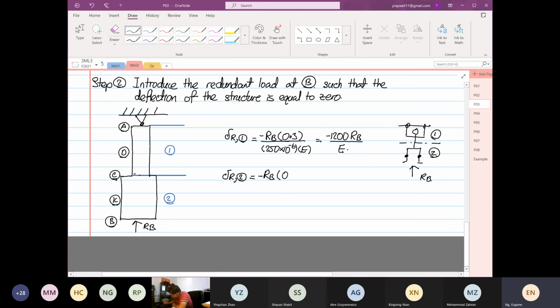The length is 0.3 and the cross-sectional area is 400.